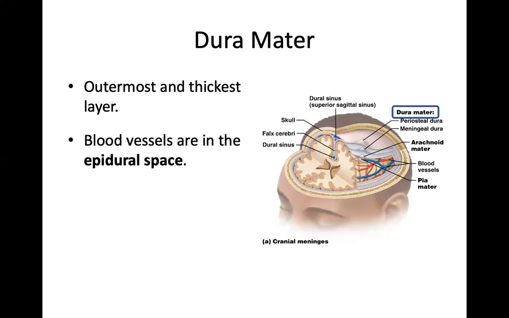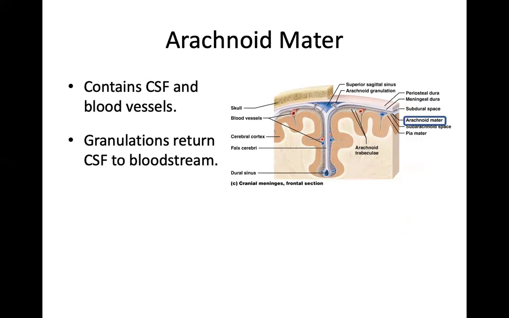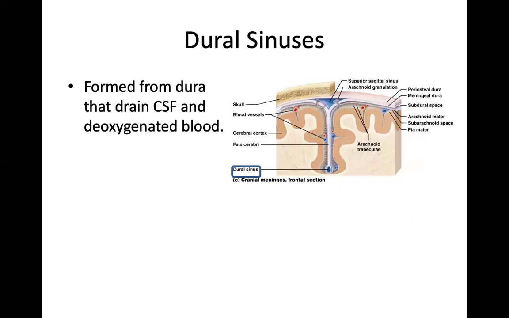Blood vessels are in the epidural space, just above the dura mater. The subdural space, below this level, contains serous fluid and veins. You see some dural sinuses here that contain blood vessels formed from dura, which drain CSF and deoxygenated blood.